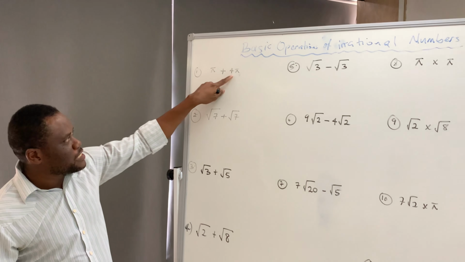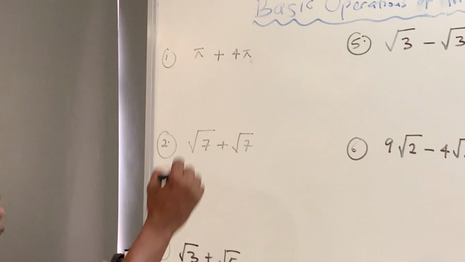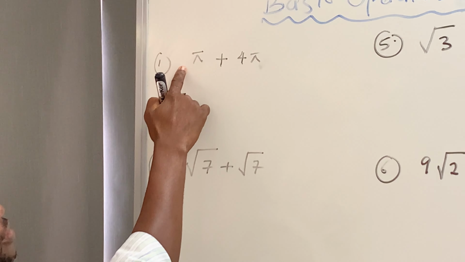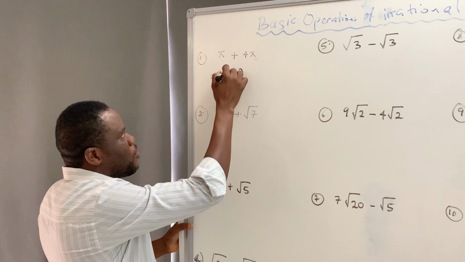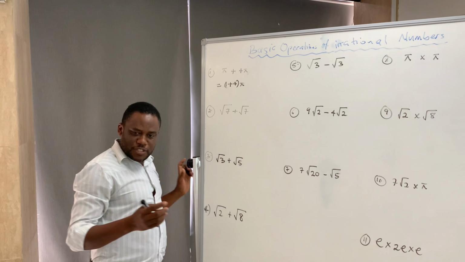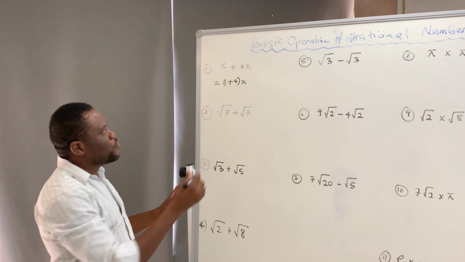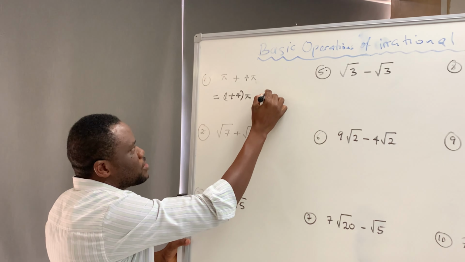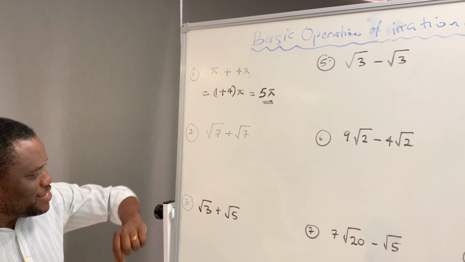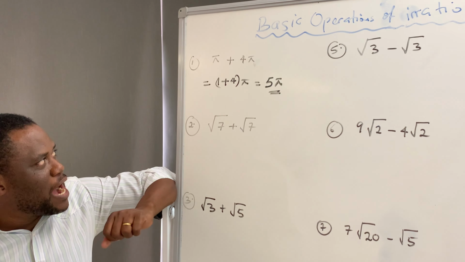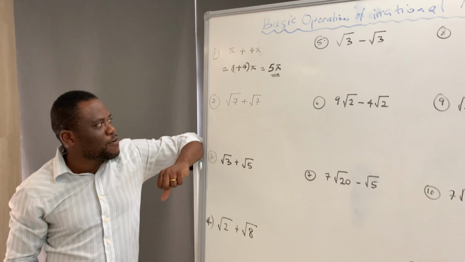So pi is common. So you can say 1 plus 4 of pi, because they are both pi. The answer is 5 pi. You see? Very easy. Pi plus 4 pi is 5 pi.